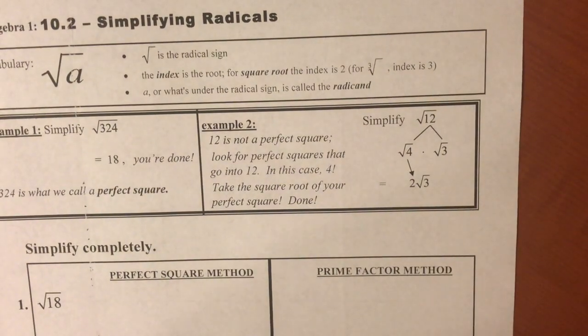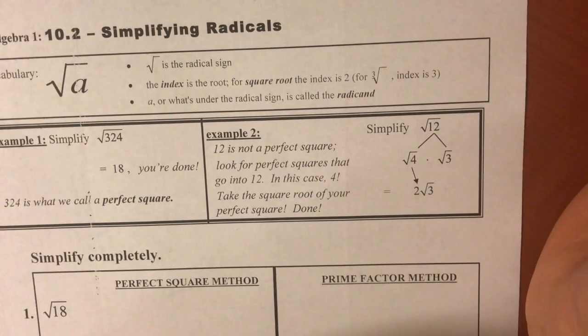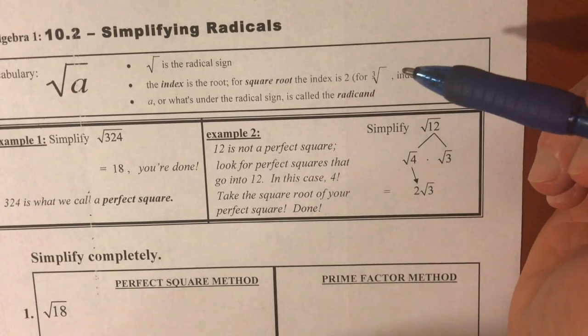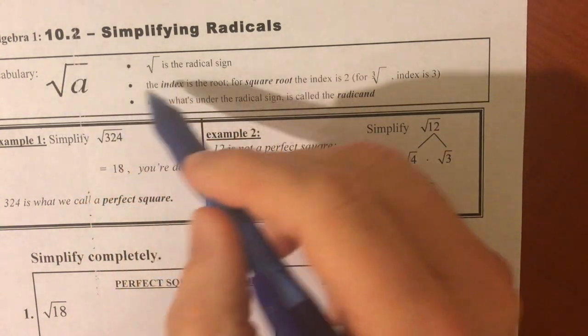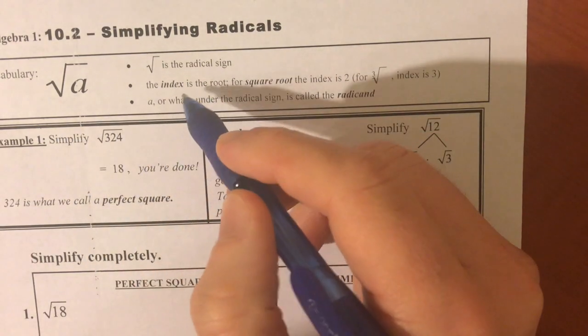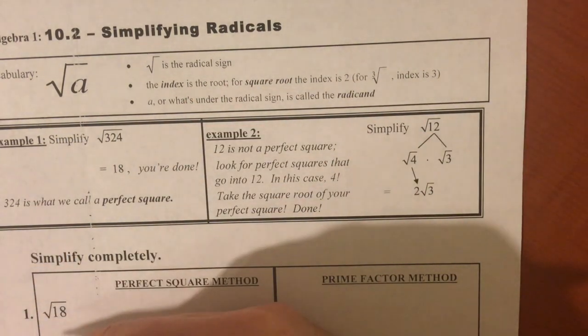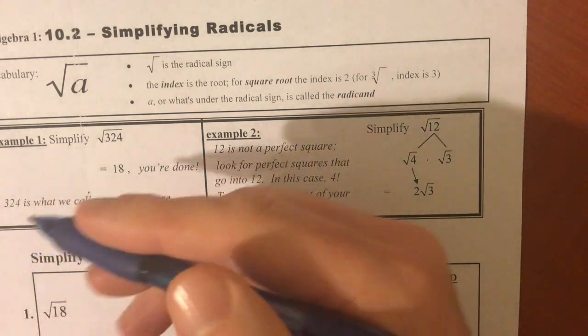Hope everybody's doing okay. We're going to talk today about simplifying radicals, or simplifying square roots specifically. Just a little background: the square root sign is also called a radical sign, and the index is the root you're dealing with. We've only been dealing with square roots, so the index is 2.